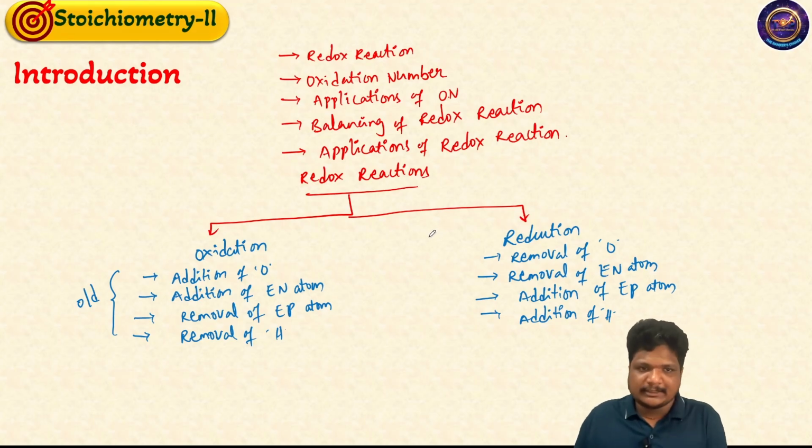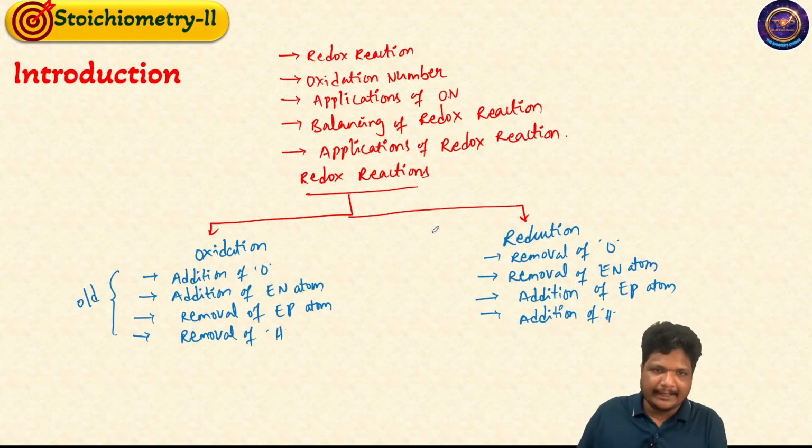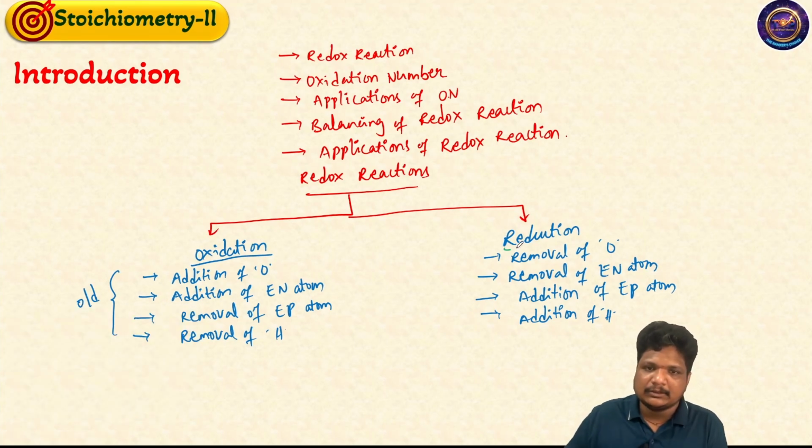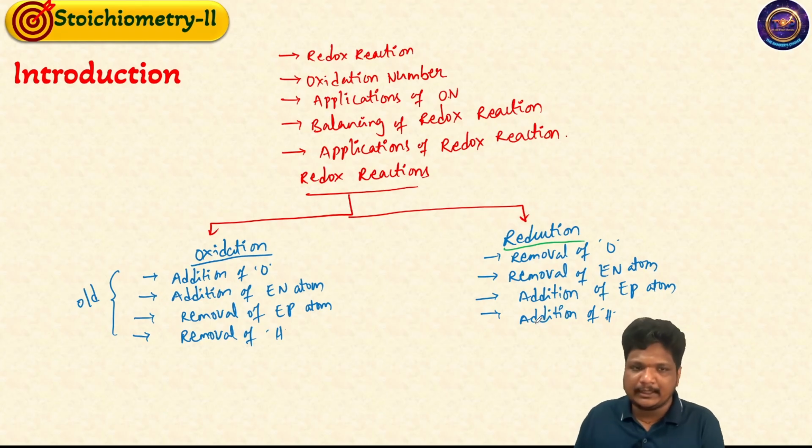Oxidation means addition of oxygen, addition of electronegative atom or element, removal of electropositive atom, or removal of hydrogen. In reduction, it is removal of oxygen, removal of electronegative atom, addition of electropositive atom, or addition of hydrogen.